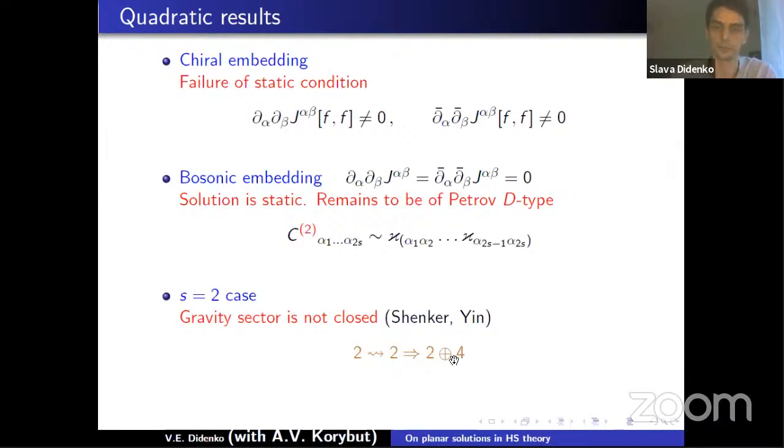And this is in agreement with Shenker's proposal that there should be no purely black hole states in higher spin theory that contain only a spin 2 field. But surprisingly, the spin 0 turned out to be somehow isolated, meaning that any spins in interaction at this level do not produce a correction to spin 0.